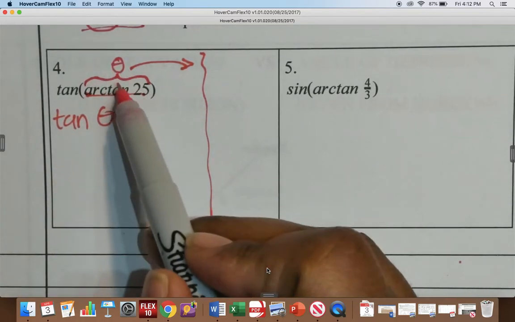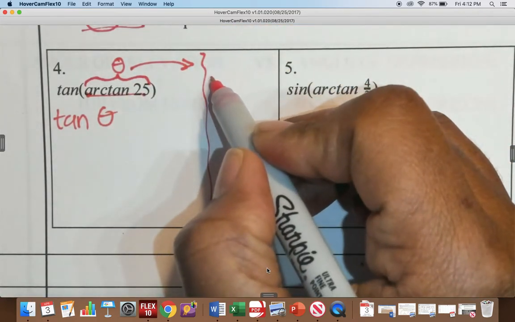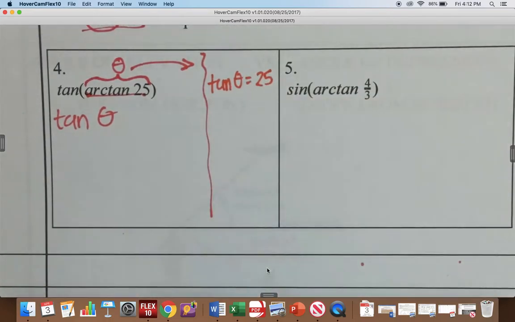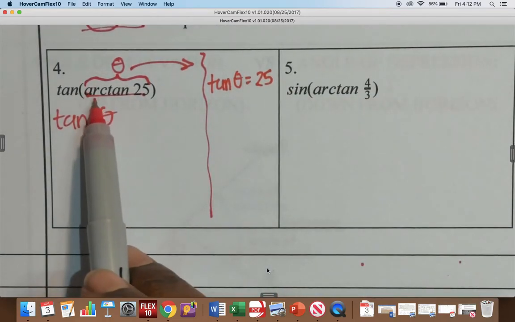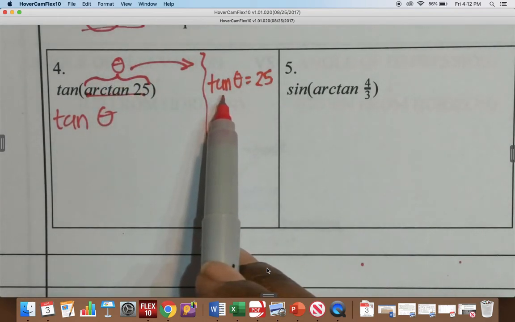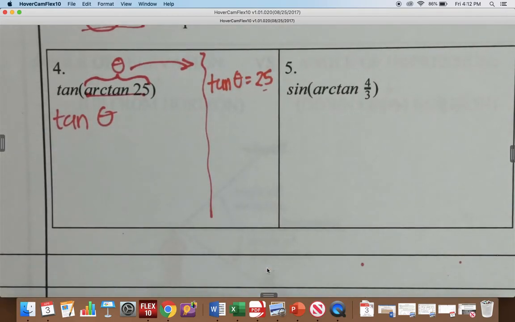Okay. But what do I know about theta? Based on arctan 25, I know that tan of theta equals 25. That's exactly what this expression means. We said for arctan, we can rewrite it as just regular tan of theta equaling that measurement of 25.